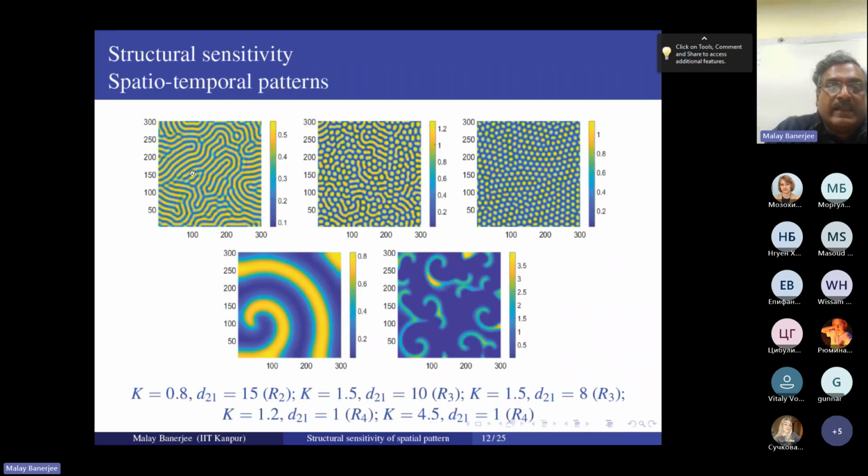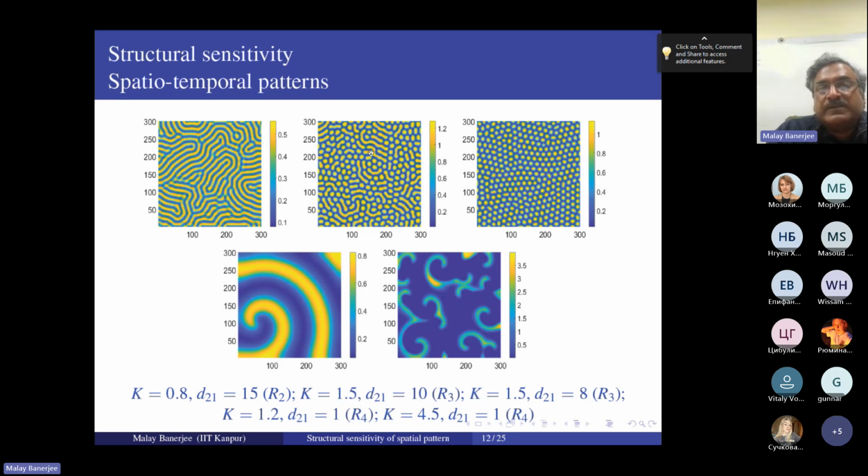So this is a labyrinthine pattern obtained for k equal to 0.8, D21 equal to 1.2, for parameter values within R2. Then we consider two different sets of parameter values from R3, one given by this one, another given by this one. These correspond to two different types of patterns.